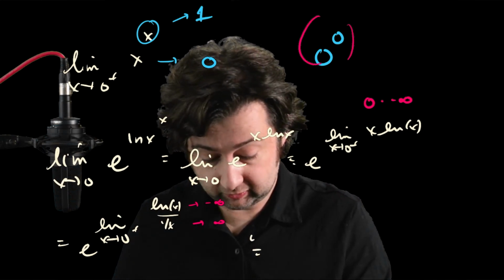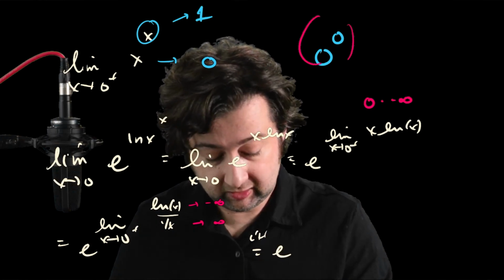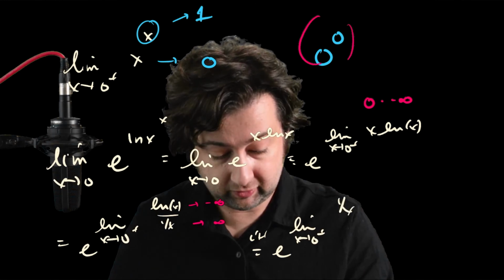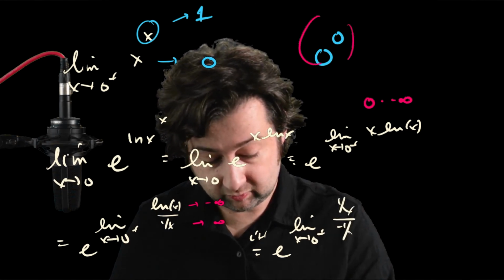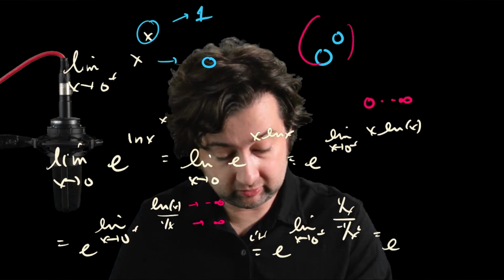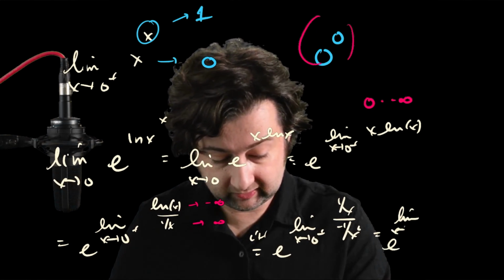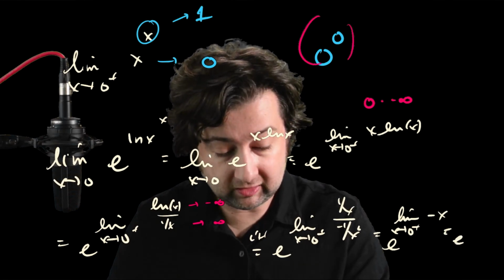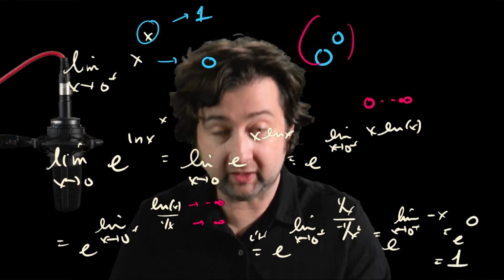So by L'Hopital's rule, this is going to be e to the limit as x goes to 0 from the right of 1 over x over minus 1 over x squared. We already did the algebra on this to show that this is e to the limit as x goes to 0 from the right of negative x, which is e to the 0, which is 1.